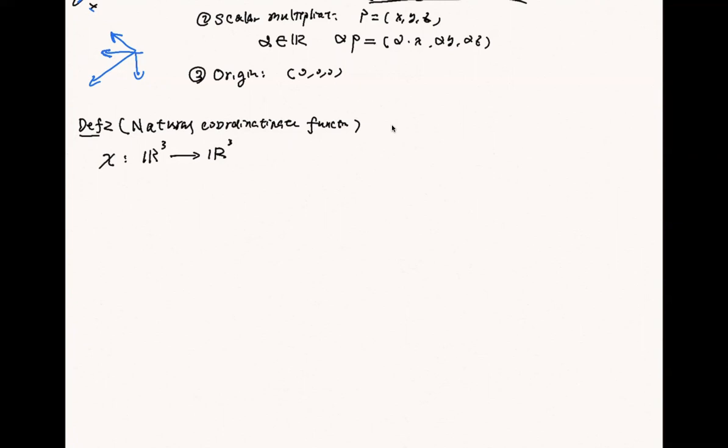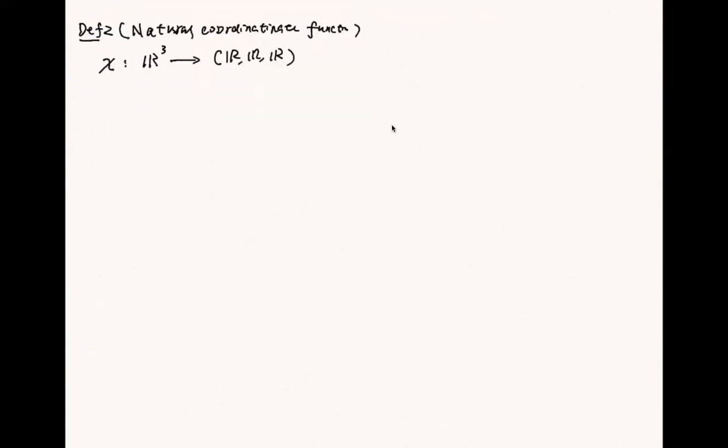So a natural coordinate function is, if we have a point in R3, we can use this function to get a triple.